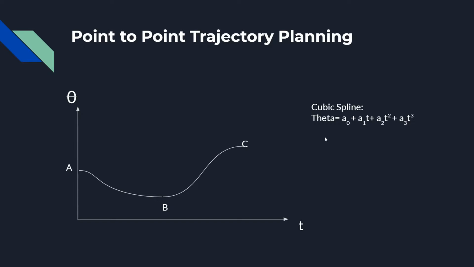Cubic splines, we'd have no control over our acceleration, which would mean we'd have an infinite jerk. Jerk is the rate of change of acceleration, and we'd have an infinite of that while we switch from one point to another. So we actually go into something called the quintic spline, where we can actually have an entire control over the acceleration as well. But again, for this course, we will not be going into too much detail about that.